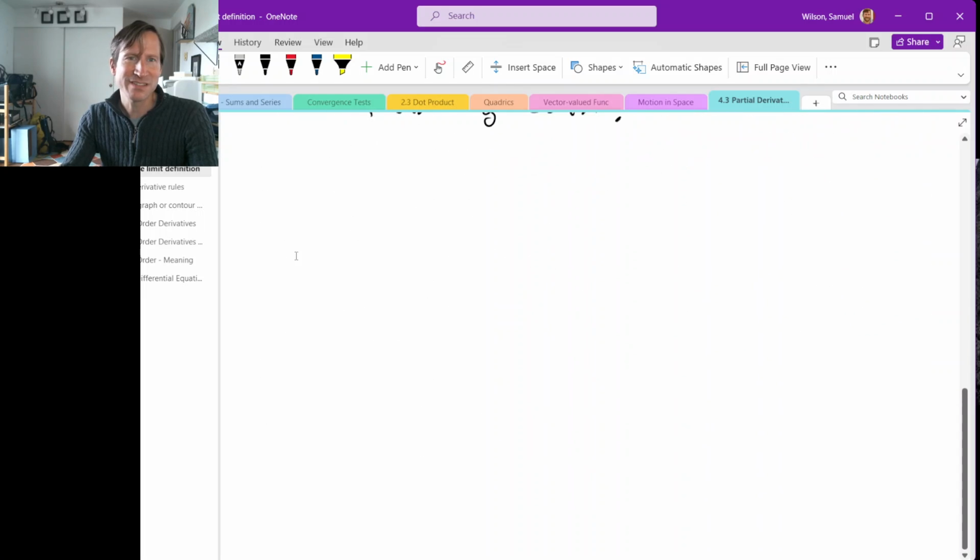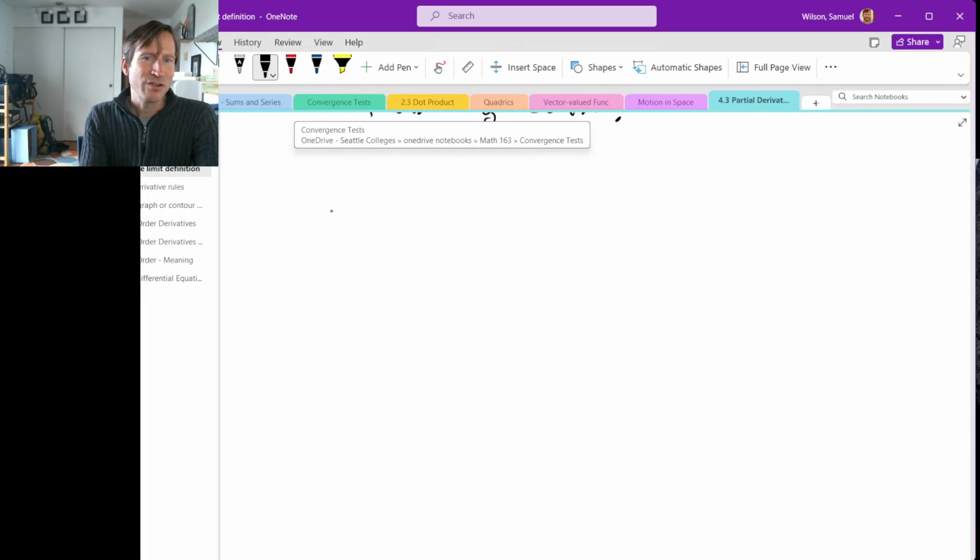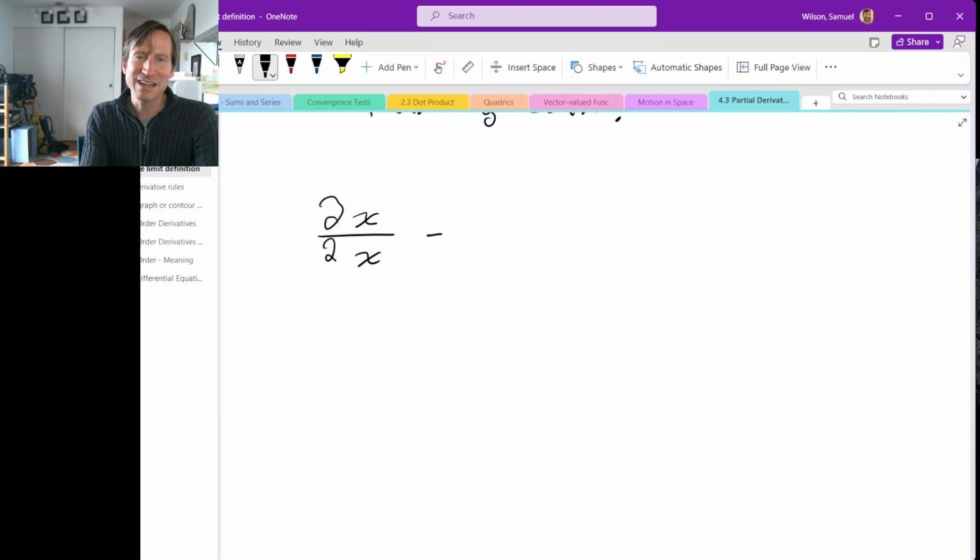So the upshot of this is that when we are calculating derivatives, you can use all the regular derivative rules. The only difference between a single variable derivative and a multivariable derivative is when you get all the way down to the base case and you need to know what is the partial derivative of the independent variable with respect to, say, x. Well, partial x partial x is 1, and partial y partial x?